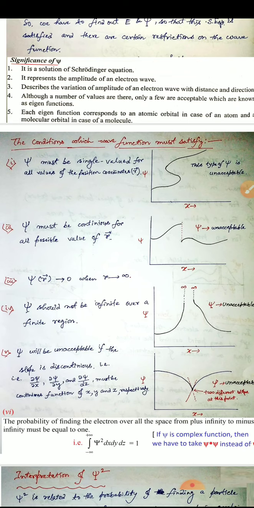Now the final thing: psi will be unacceptable if the slope is discontinuous, that is, d psi by dx must be a continuous function of x.